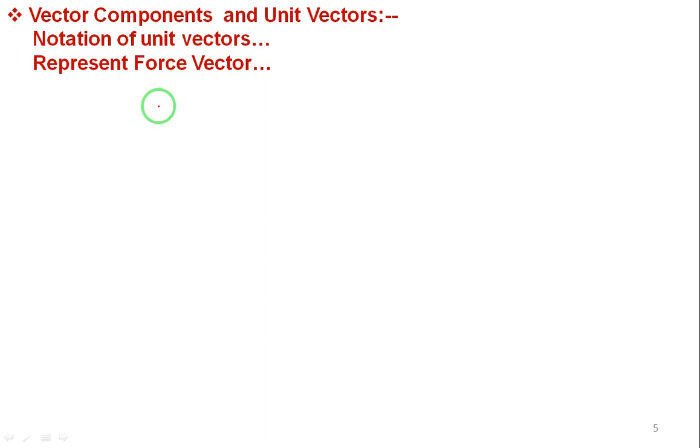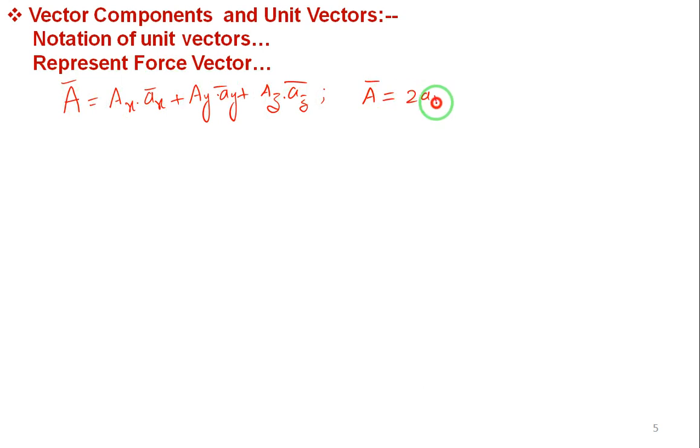So let me take any general vector, vector A. I can write it as Ax into ax vector plus Ay into ay vector plus Az into az vector. Is it fine? If I want to be very specific, I can take any vector here. Let me take 2ax plus 3ay plus 4az.